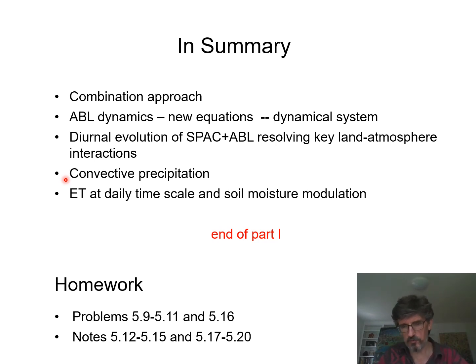So if you know the soil condition, if you know the free atmospheric condition, you can solve for all the quantities inside the soil plant system and the ABL to provide the diurnal evolution during a day of evapotranspiration, assimilation, of stomatal closure, and so on.